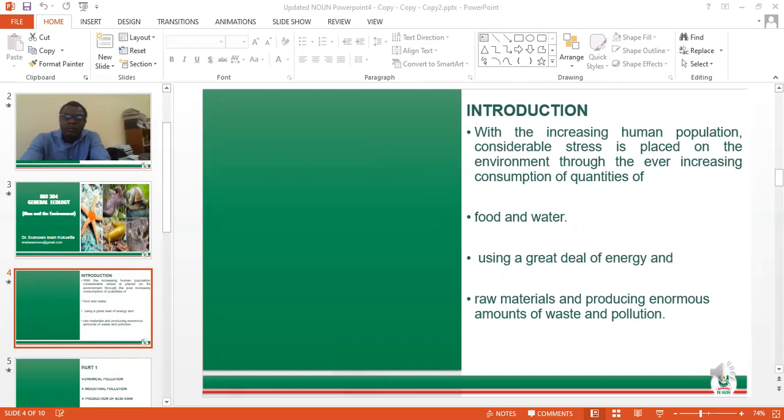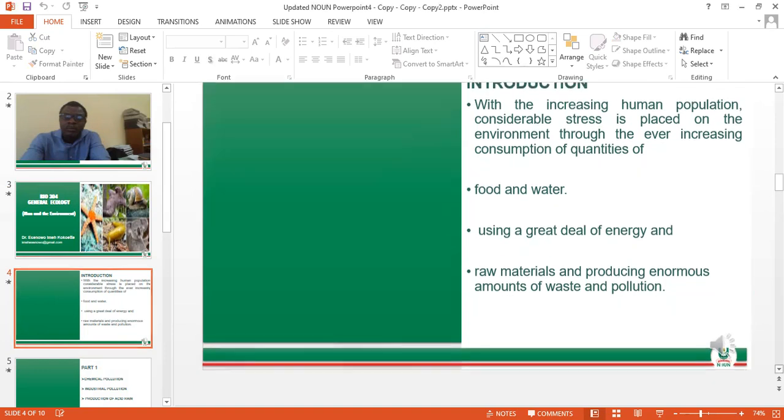As a result of the increase in human population, this has affected the consumption of food, water, energy, and whatever you can think of. These have produced an enormous amount of wastes, which has polluted our environment.